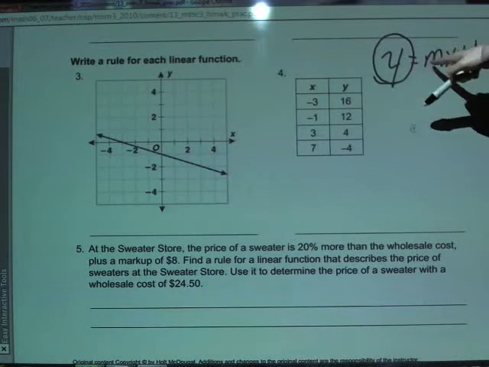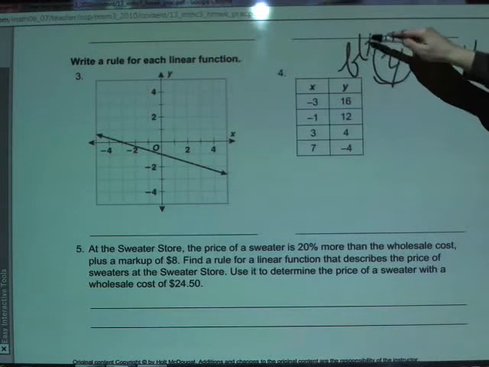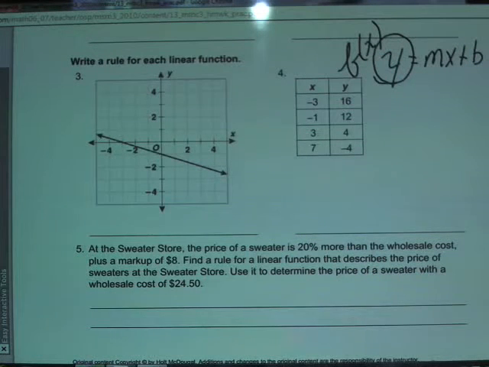So when I'm done, it'll look just like this, but where it says y, I'm going to change it to say f of x. In slope-intercept form, the two things that change into numbers are m and b. M represents the slope of the line going through all those points. B represents the y-intercept of that line. So once I draw the line, where does it go across the y-axis?